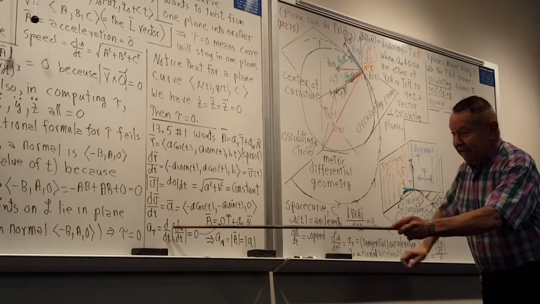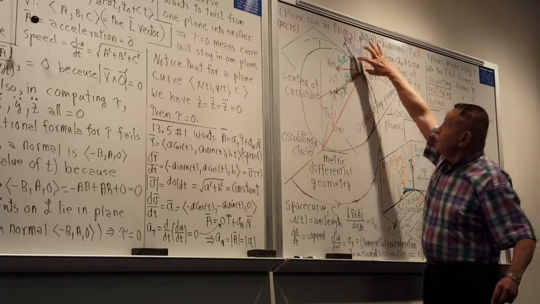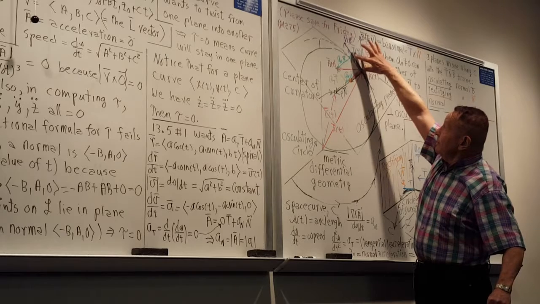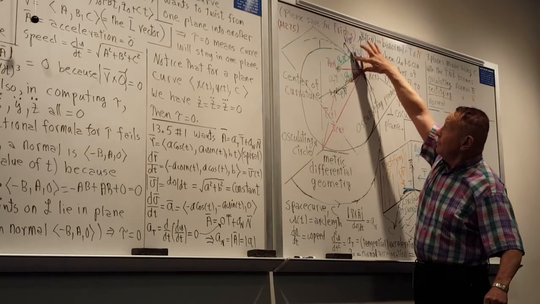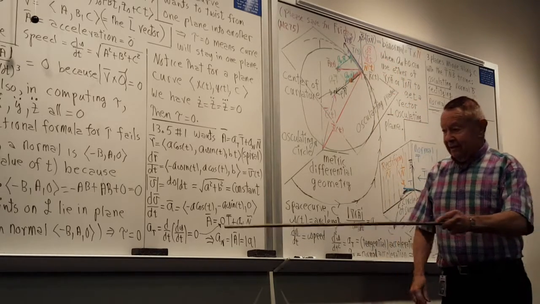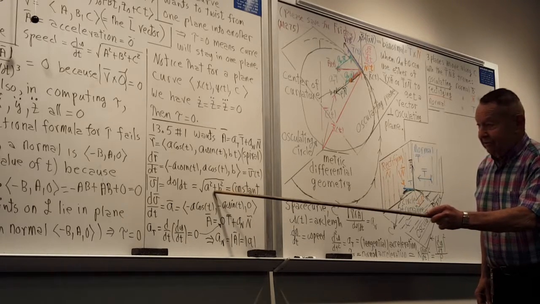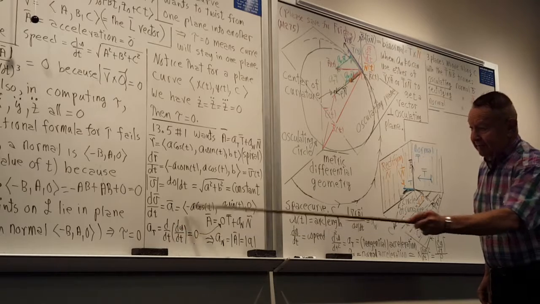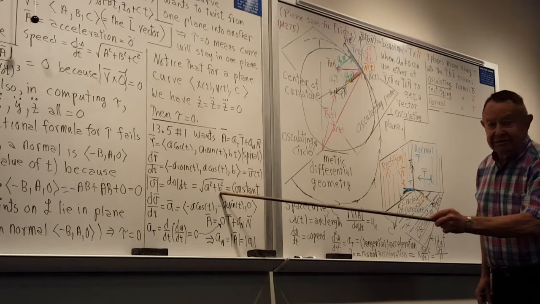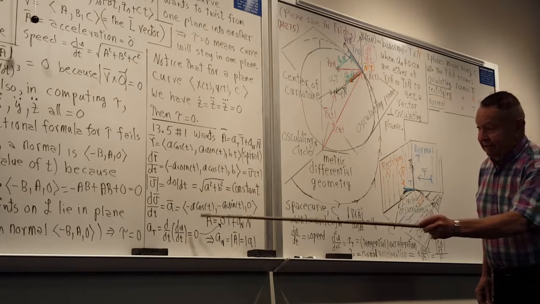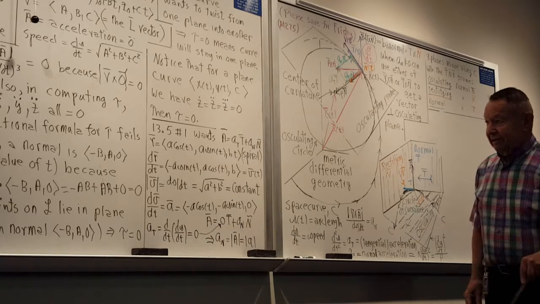To get its magnitude, that would be thumb to finger, and as I'm holding my hand up here, you take your formula for speed and you do the derivative with time. This is scalar, you see, derivative. That's a constant, so a sub t is 0.